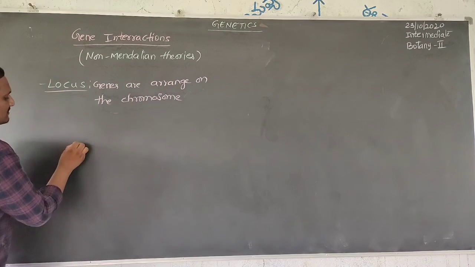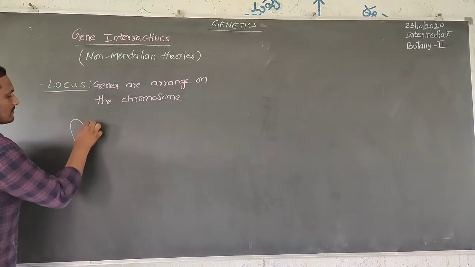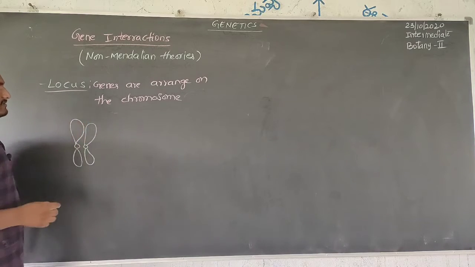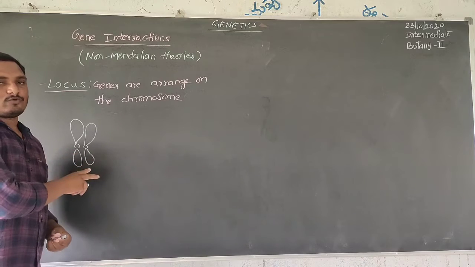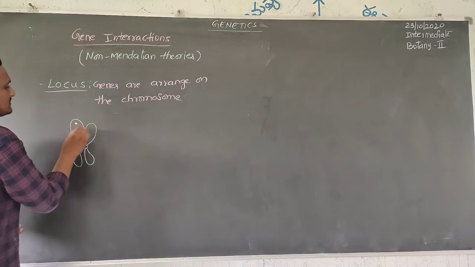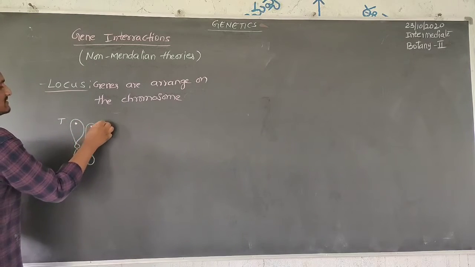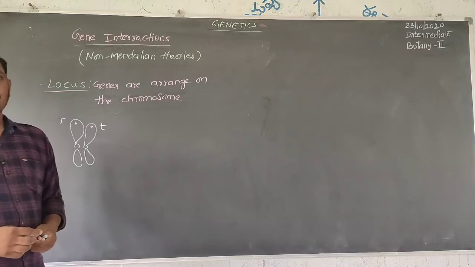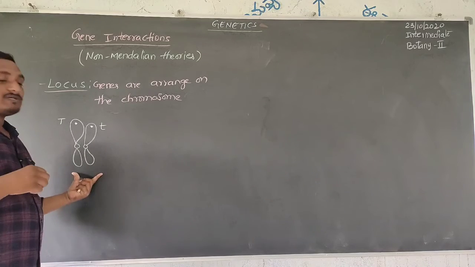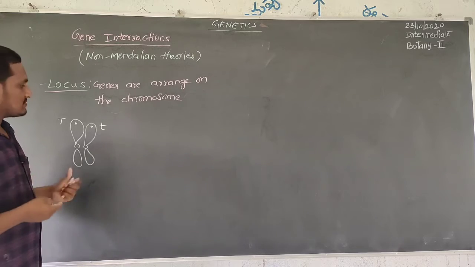In case of this homologous chromosome, these are a pair of chromosomes, nothing but homologous chromosomes. Here one allele is present, this allele is the dominant allele, this allele is the recessive allele. This is one homologous pair of chromosomes.